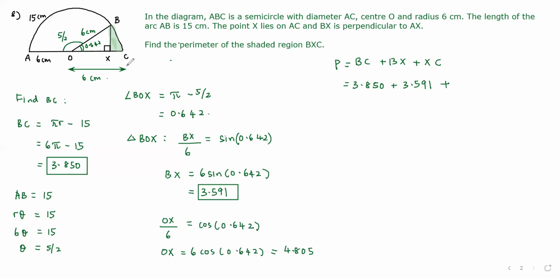What we want is XC, which is 6 minus OX. So 6 minus 4.805 is 1.195. Then the perimeter of the shaded region is 8.636 centimeters.